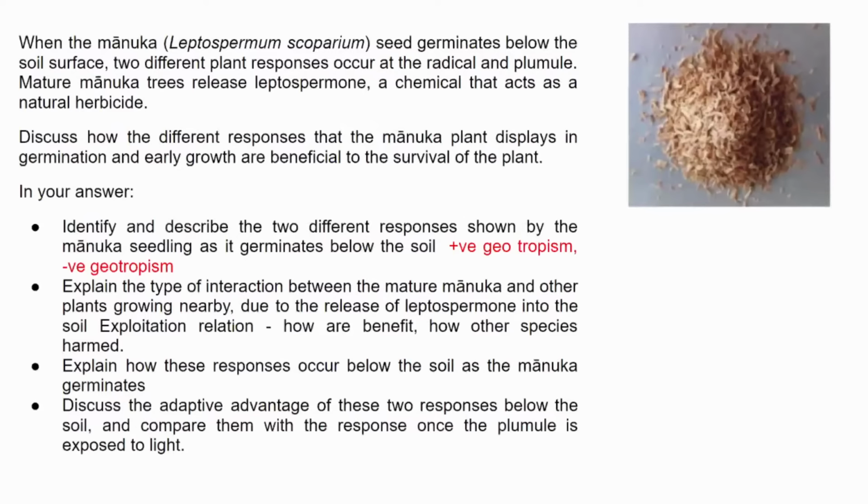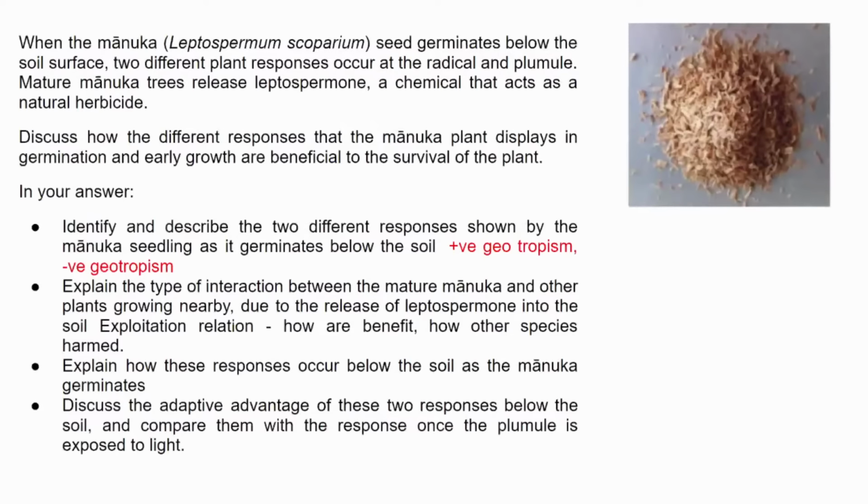In terms of why is it then important that the shoot grows up? Well, a seed's only got a finite amount of energy stored within the food store, the cotyledon of the plant. And so it doesn't want to waste time growing in the wrong direction.